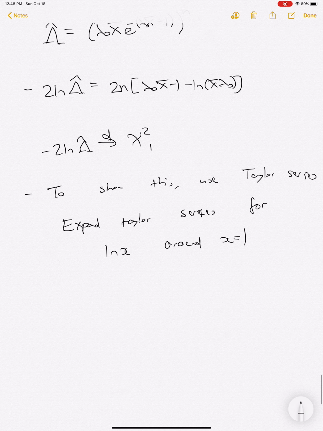If you plug that in here, that's basically saying that lambda 0 x bar should be close to 1, which is what we get under the null hypothesis.